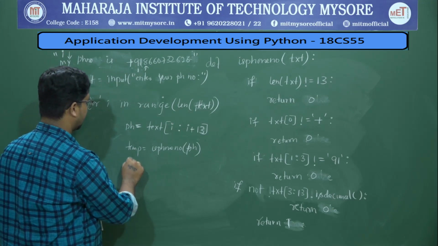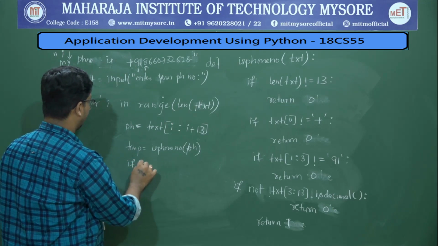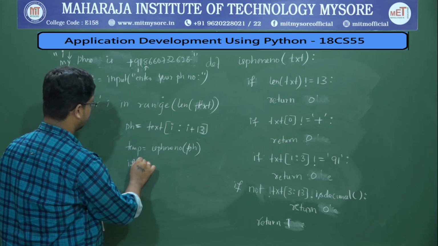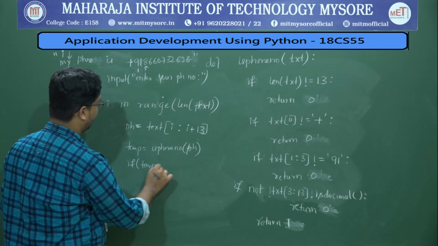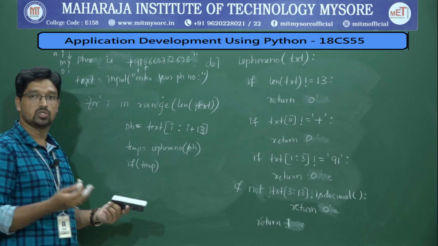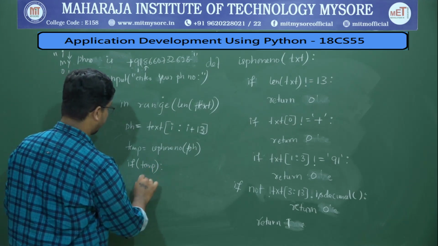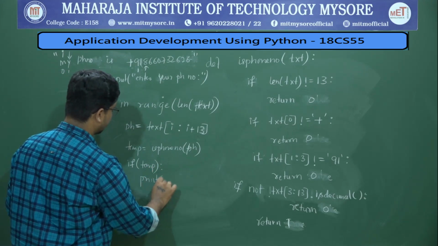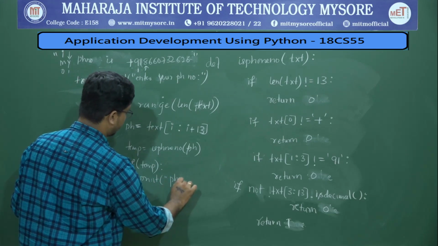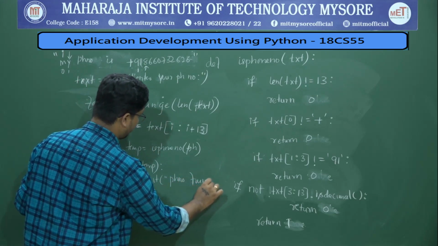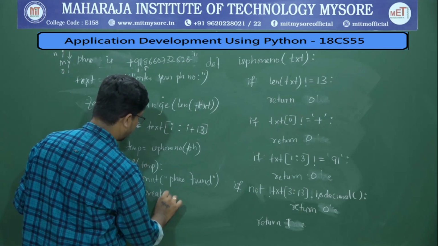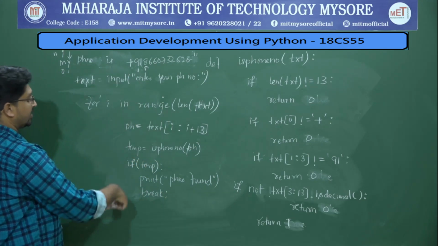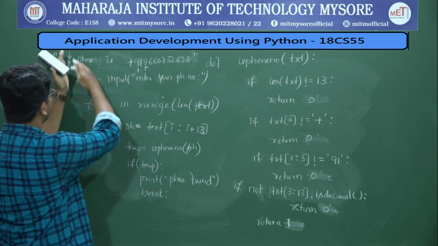If you want to check, you can write if of temp, means if of 1 is true, if of temp, then print phone number found, and break the loop. Finally, assume that again it will shift to the next condition.